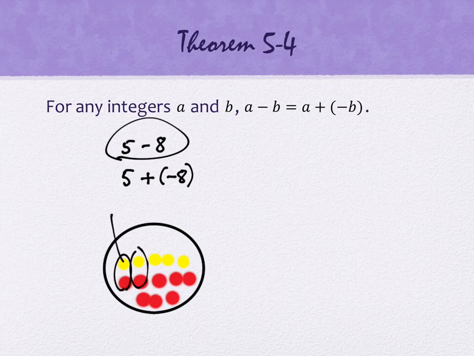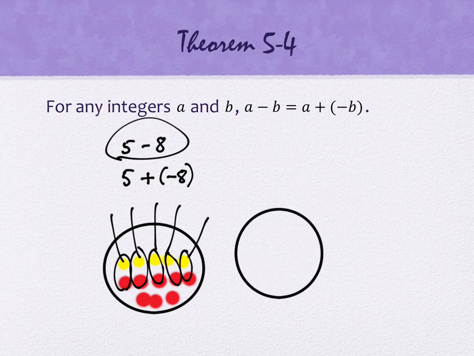So these are zero pairs removed, and we would be left with our 3 negative chips. And our answer would be -3. So one perspective of this subtraction, 5 minus 8, is to change it into addition, which looks like the chip model, and it looks like what we did last time. So it changes it back into something we've done before.